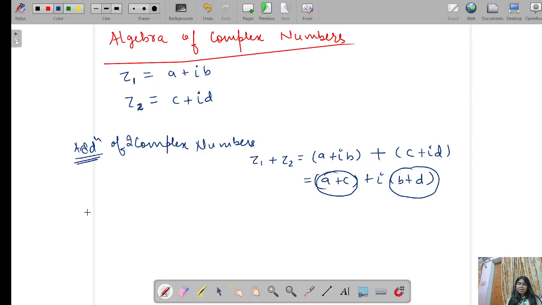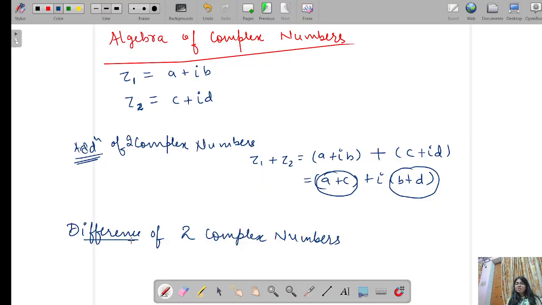Now, I am going to do the difference of two complex numbers, or I can say subtraction of two complex numbers. I can write it as z1 minus z2. Now putting the values of z1 and z2.